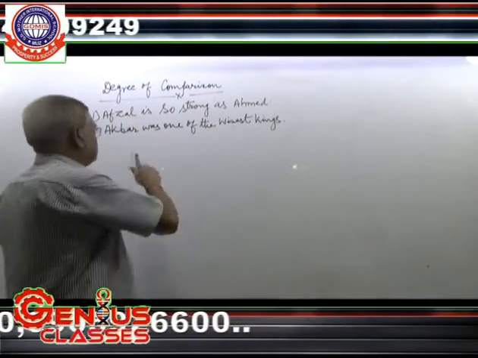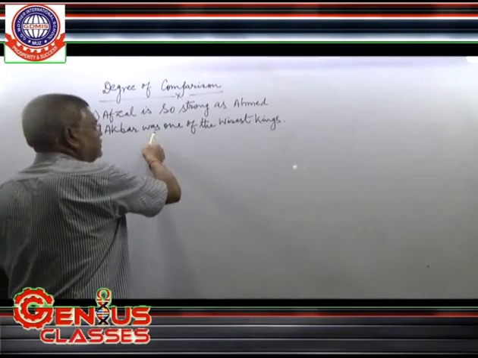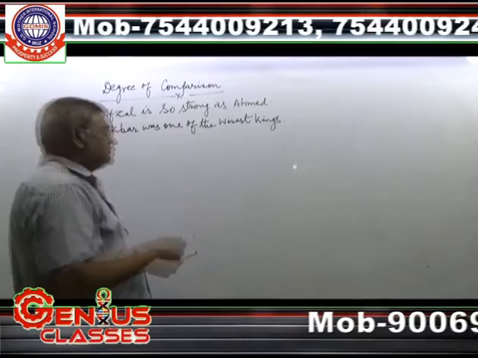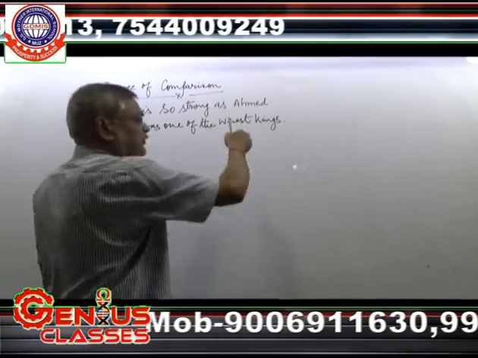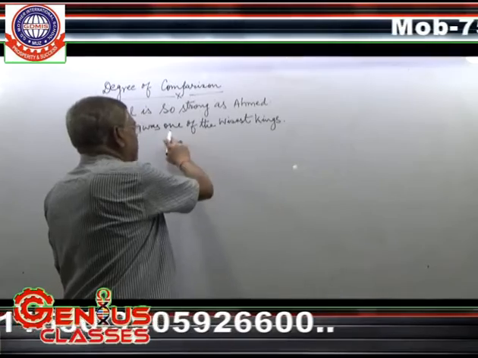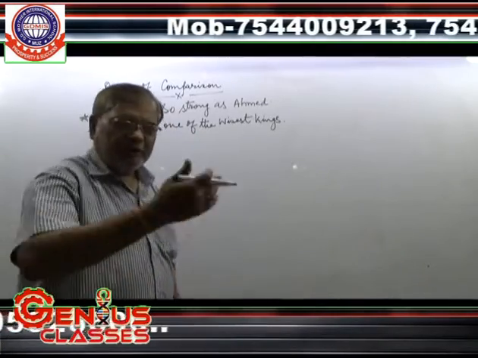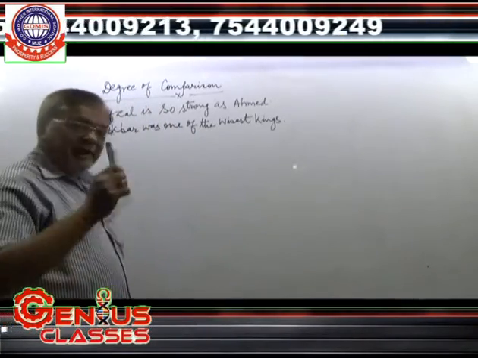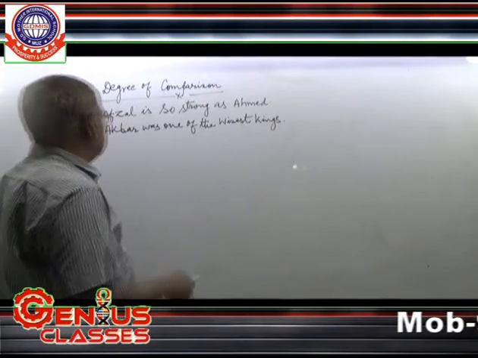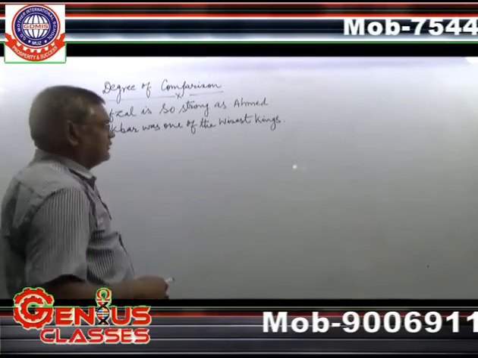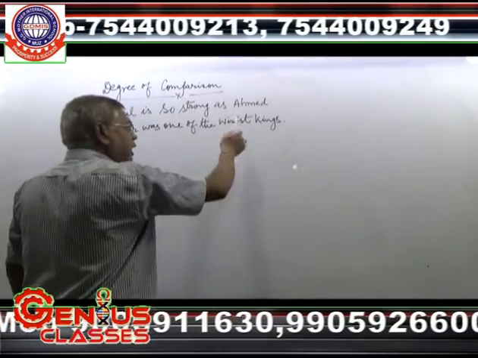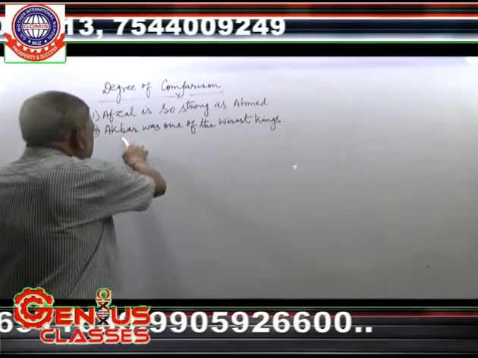So it should be: Akbar was wiser than most other kings, because "one of the" is the special phrase. And the positive degree: very few kings were as wise as Akbar.